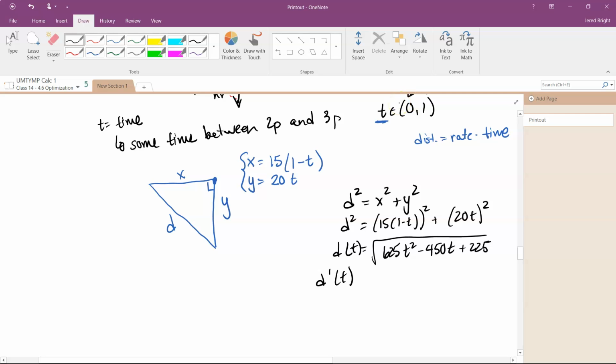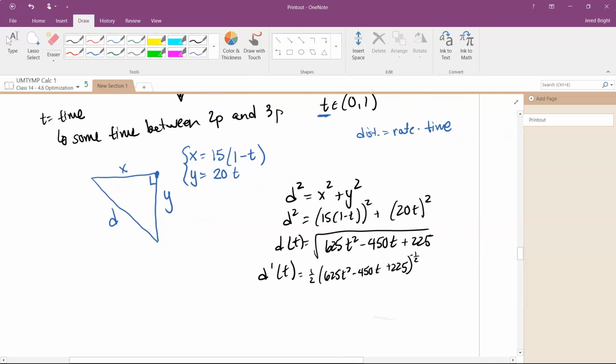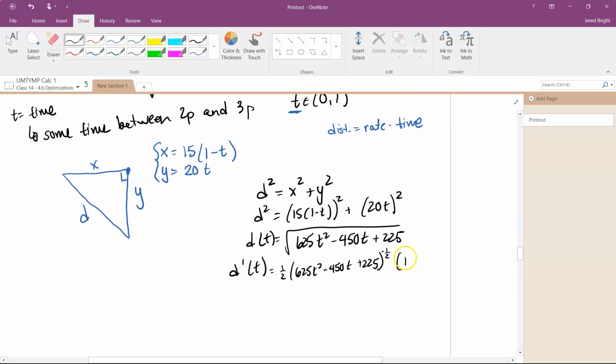So d prime is going to be 1/2 times (625 t squared minus 450 t plus 225) to the negative 1/2 power, and then all of that times (1250 t minus 450).